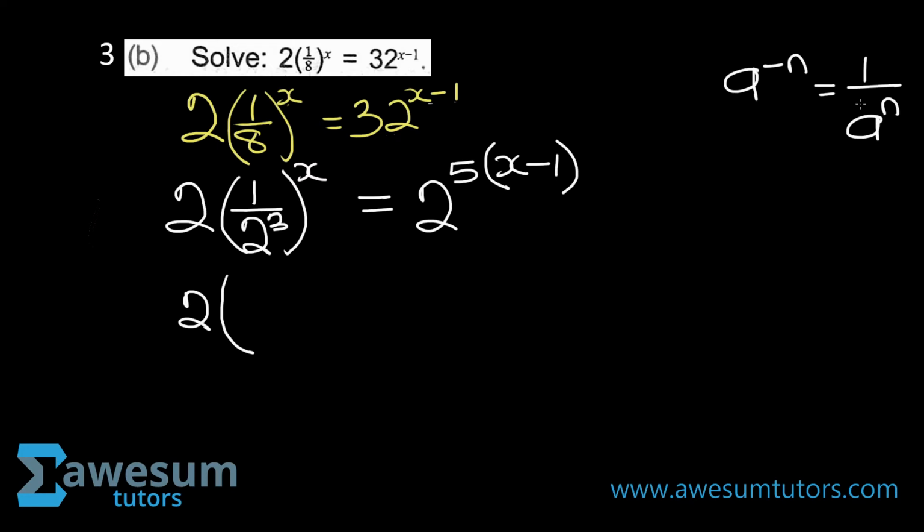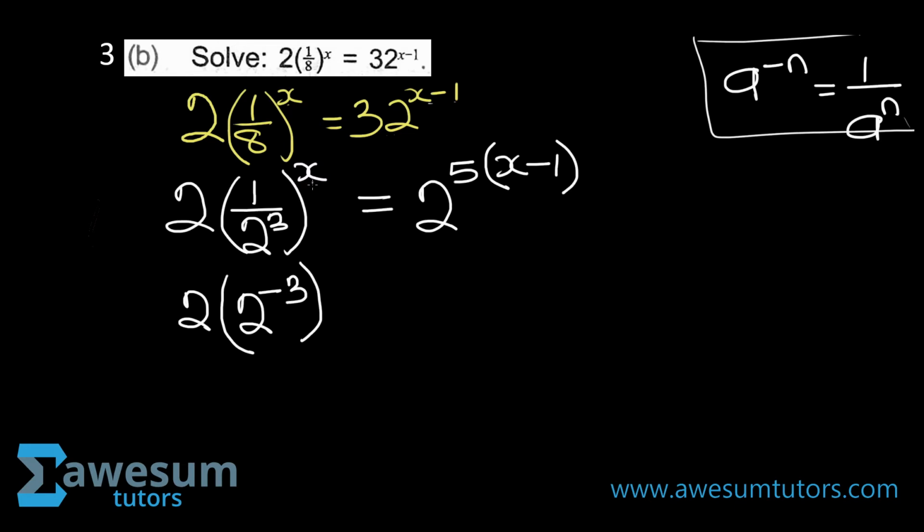For a review of our laws of indices, please check the link below where we have been able to deal with that. So in this case, 1 over 2 raised to the power of 3 can be rewritten as 2 raised to the power of negative 3, just like we have in this law right here.